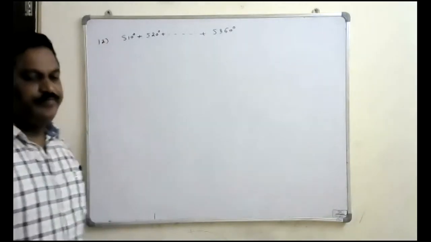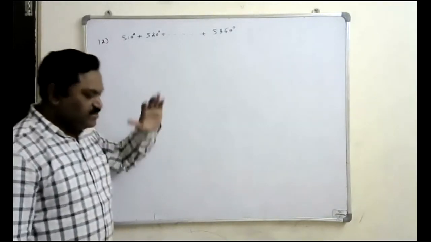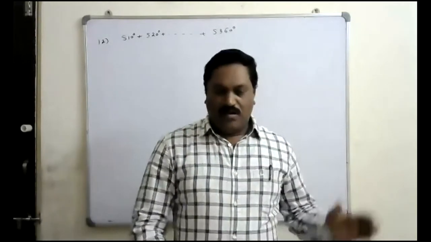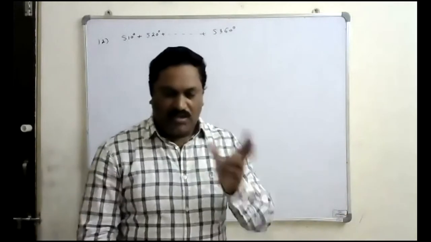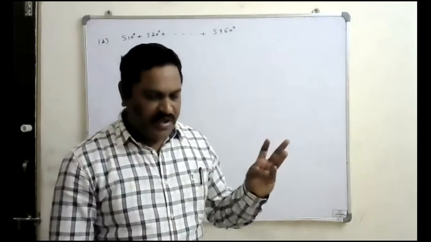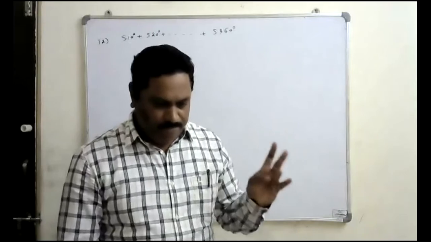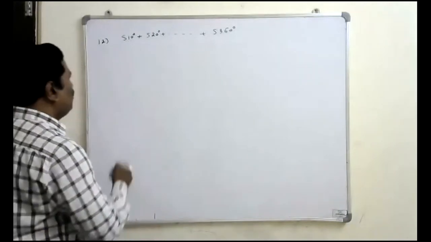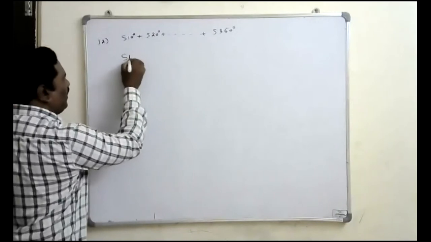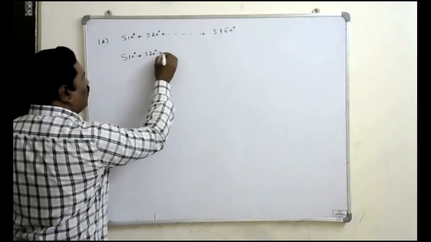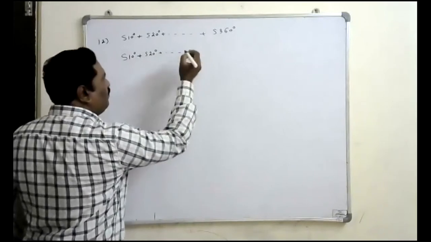Now look at this. To find this entire summation up to 360 degree, what are the quadrant angles in between? 90 is one quadrant angle, then 180, 270. That's why you write the values like this: sine 10 plus sine 20 and so on up to sine 90 will be there in between.